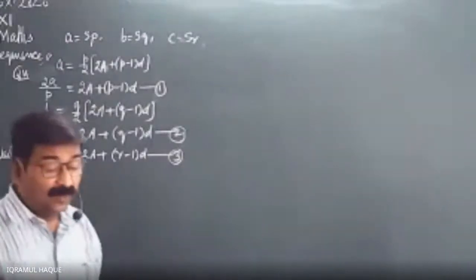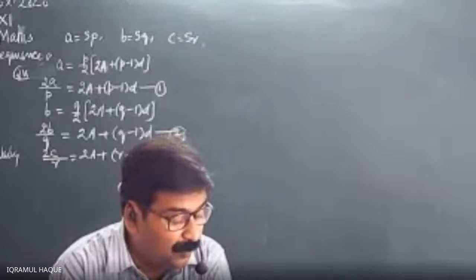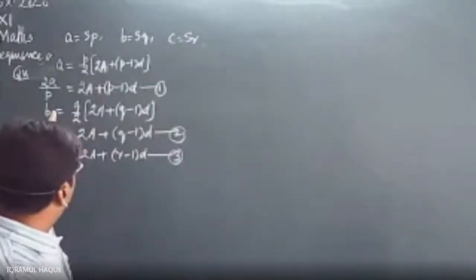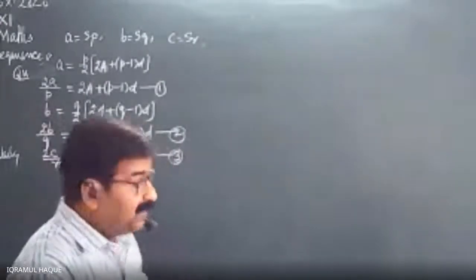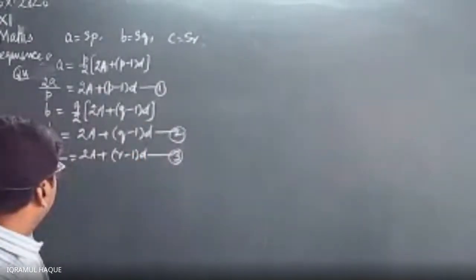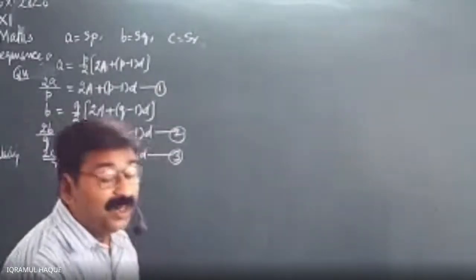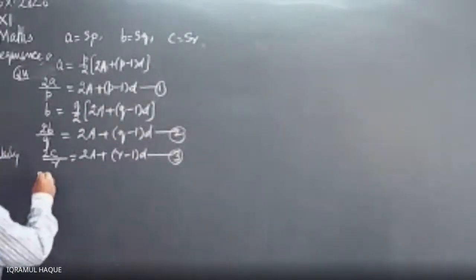Now let's see whatever is to be proved. See in the question, given that to prove a upon p into q minus r, we have got the value of a upon p in equation number 1 in left side, b upon q into r minus p in equation number 2 in second equation, c upon r and p minus q in third equation. So what to do? Here we have a trick.